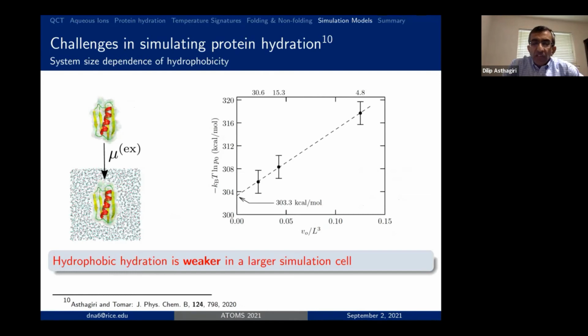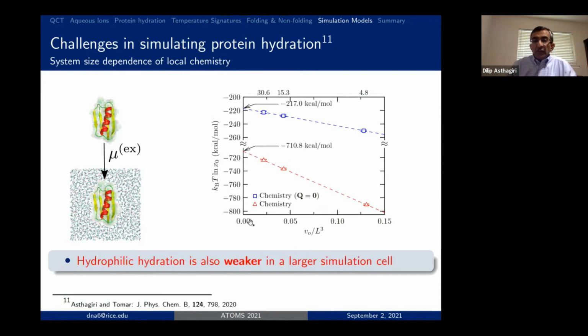It turned out, on a hunch, we started looking at different system sizes, and you could see the following important trend: hydrophobic hydration is weaker in a larger simulation cell. So we did this for about 5,000 water molecules going up to 31,000 water molecules. You see a systematic decrease; hydrophobic hydration becomes less and less unfavorable.